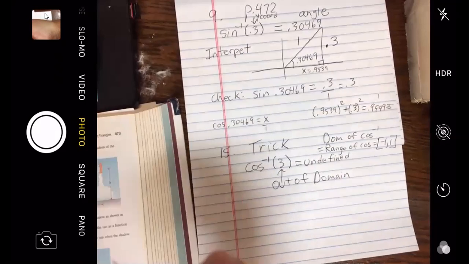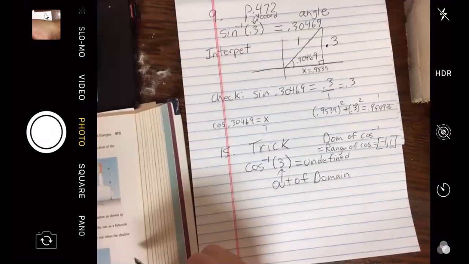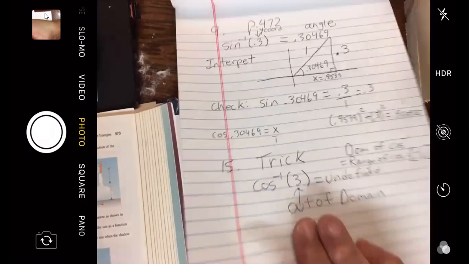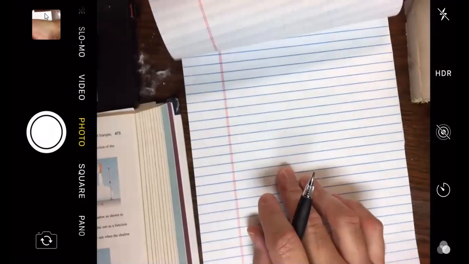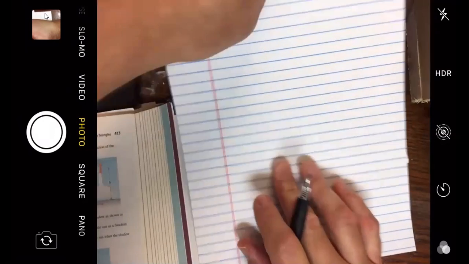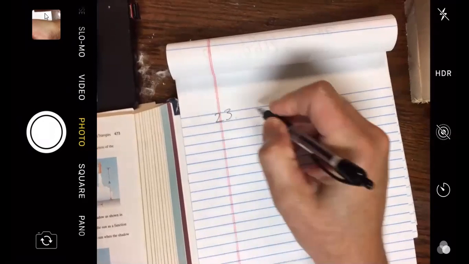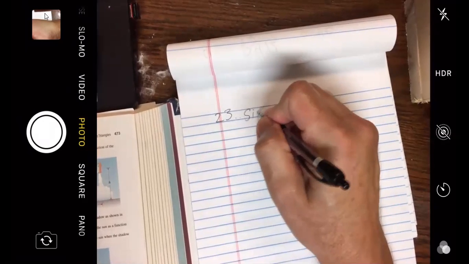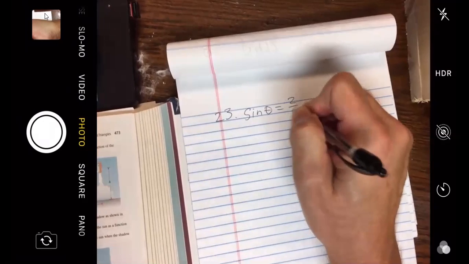17 to 22 is about finding angles. 23 real quick. It says find all angles. Sine theta equals 2/3.